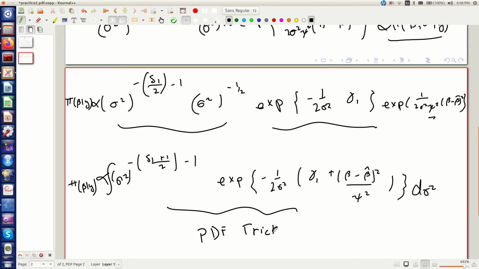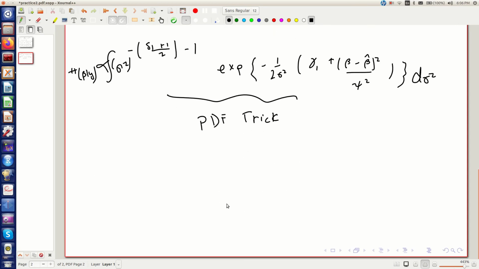You're going to use this trick again and again in this class. So the PDF trick: basically what we have here is a new inverse gamma with this new parameter and this new parameter. That's an inverse gamma distribution.